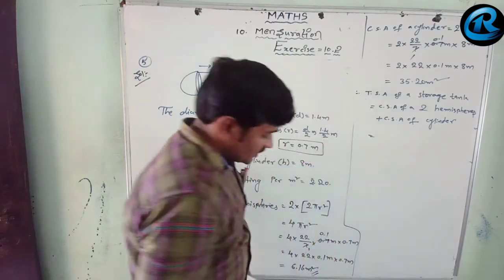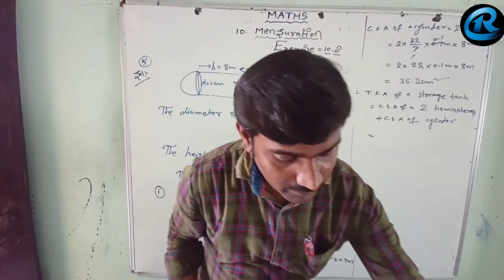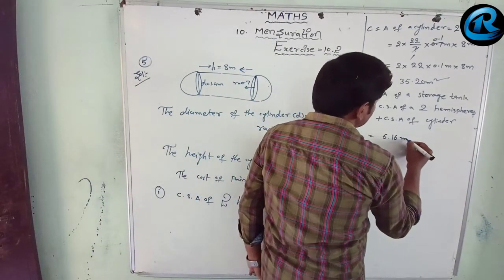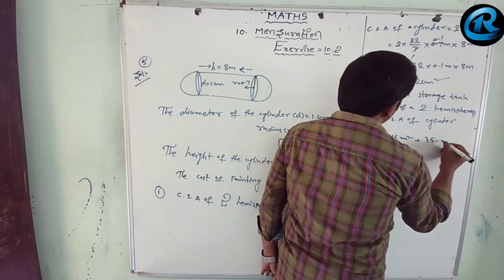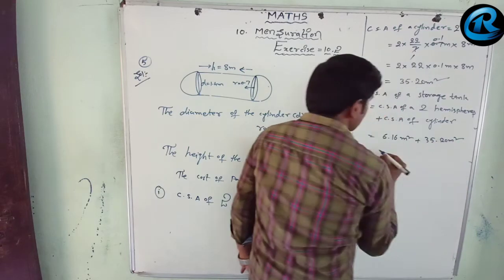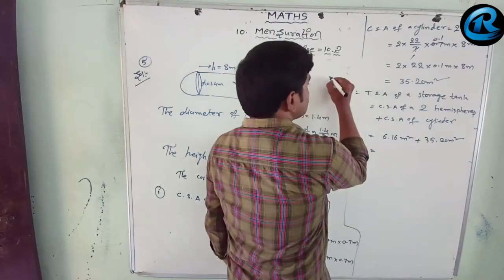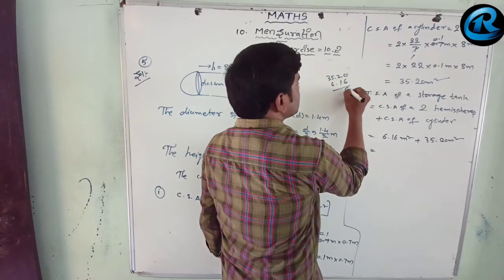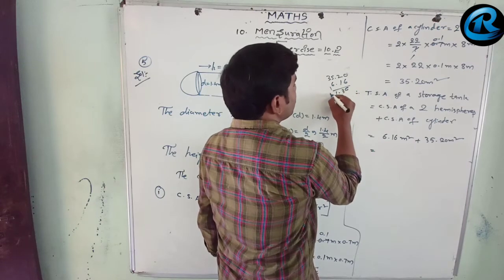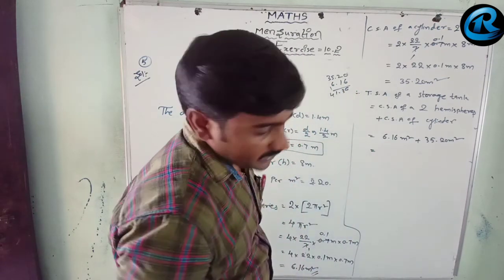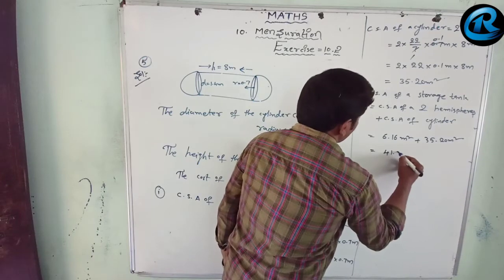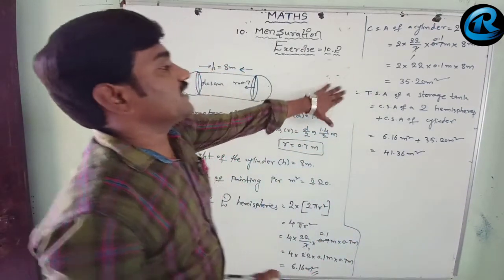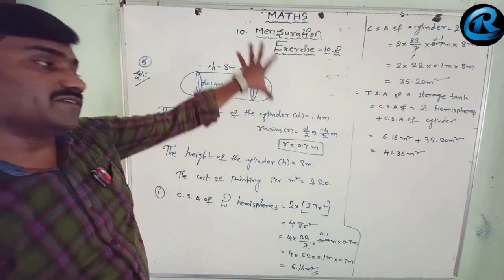So here we get 6.16 meter square plus 35.20 meter square. 35.20 plus 6.16 gives 41.36. Yes, 41.36 meter square is the total surface area of the storage tank.